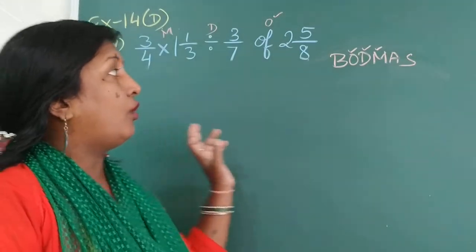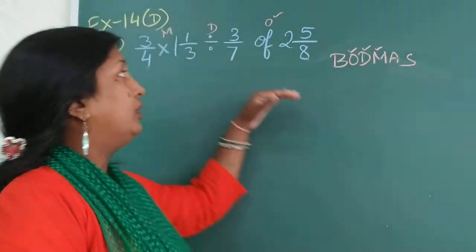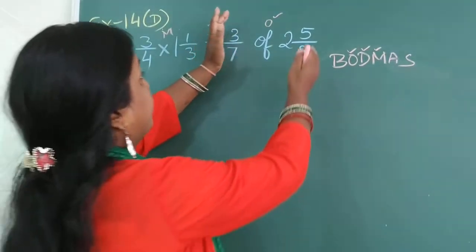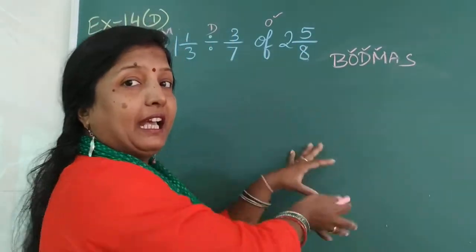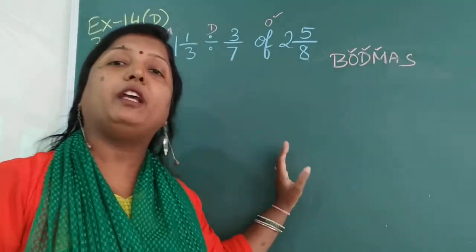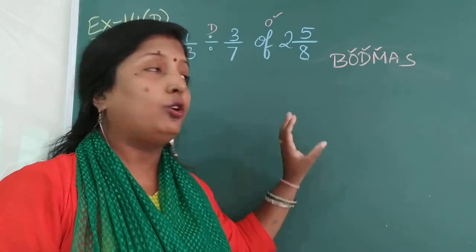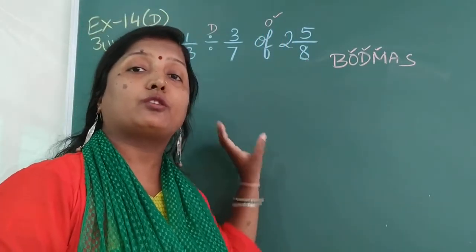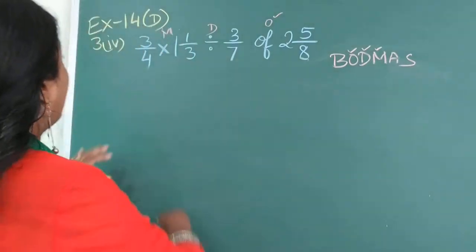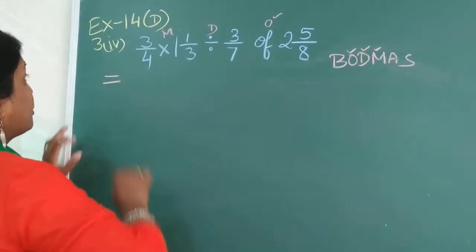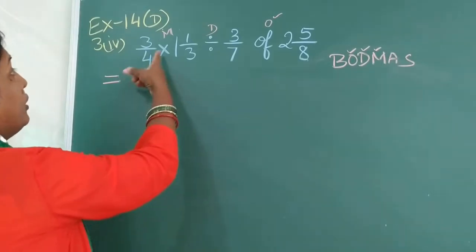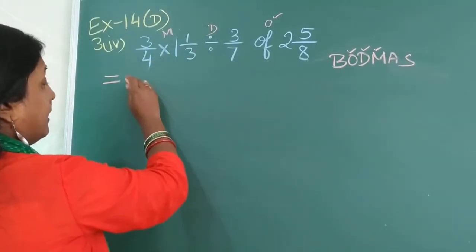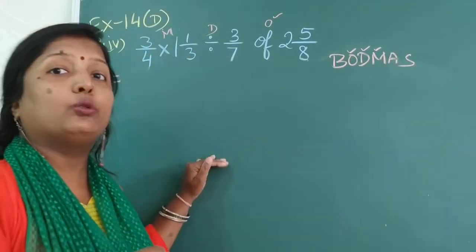So when you have to do "of", division and then multiplication, can we simply write down this number, multiply and then go for division? No, that will be wrong. Though you have to do "of" first, you will copy down the rest of the question, then only the equal to sign is meaningful. When we put equal to, we are saying that this number and the number that I am writing here are equal.